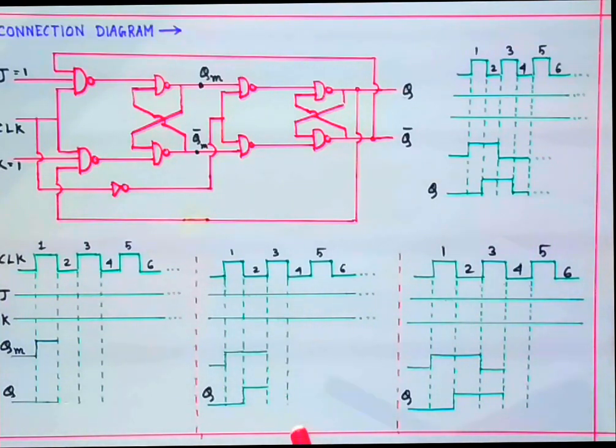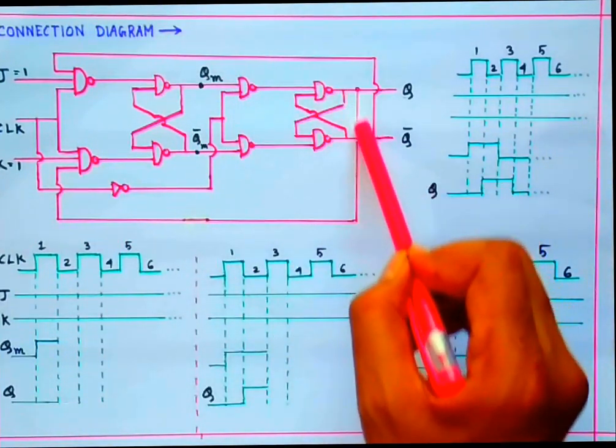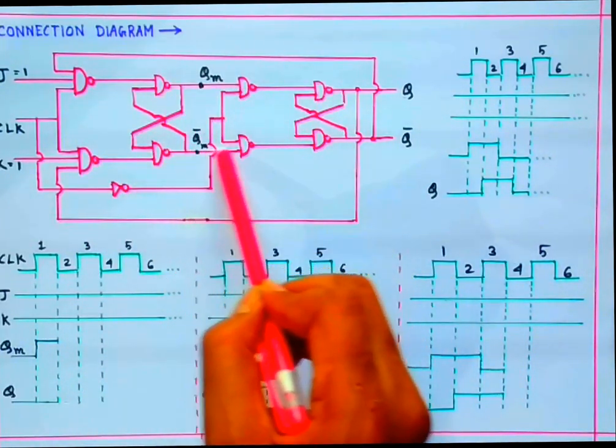Now I will discuss the connection diagram of master slave JK flip-flop and then the circuit operation. First, let's come to the connection diagram. In the previous block diagram, you already have seen that two JK flip-flops are connected back to back to form a master slave JK flip-flop. Here also you can see that is your one JK flip-flop and that is your second JK flip-flop. These two JK flip-flops are connected by these two lines.